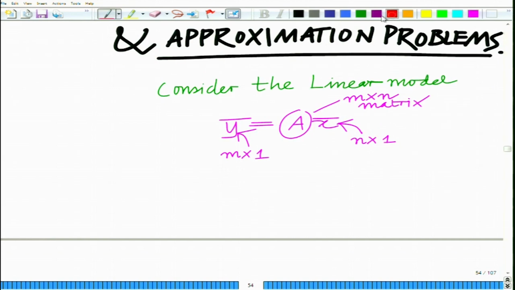Now, in this model, this vector x bar is unknown and has to be determined.